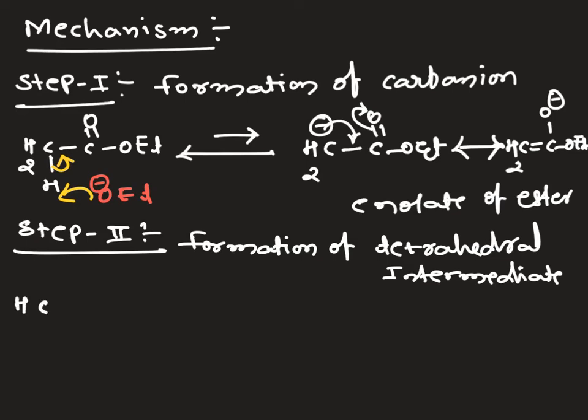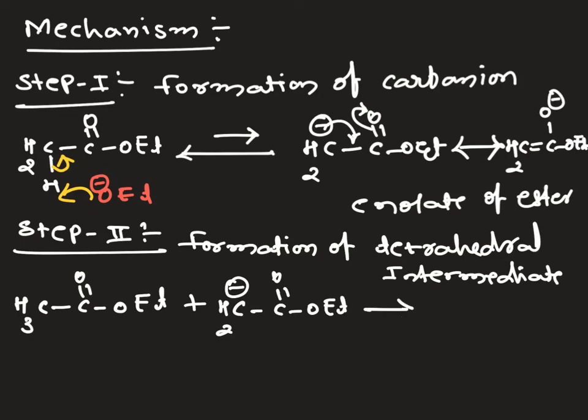I am writing another mole of ethyl acetate, and the carbanion formed in the first step gives the tetrahedral intermediate. The bond polarization will take place here, and this is a nucleophilic addition reaction.